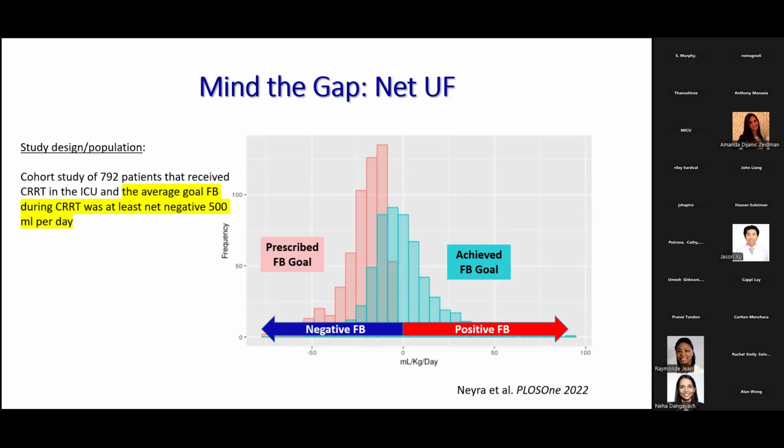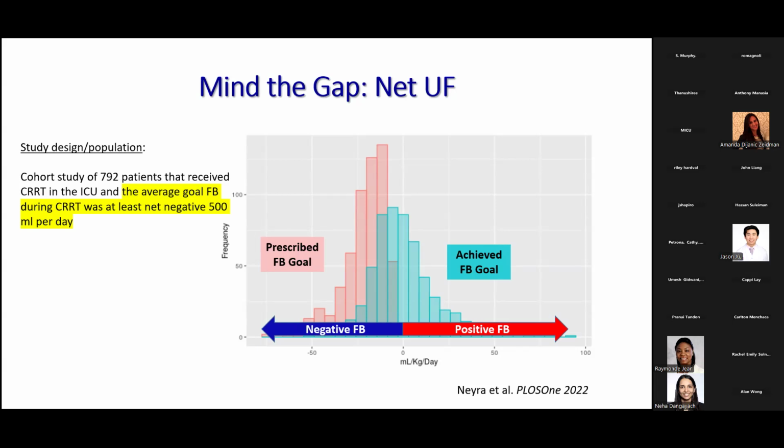So this is data on 800 patients in which the average fluid removal was half a liter per day during the period of CRRT. You can see that the prescribed fluid balance goal, so what we wanted, is represented here in red to the left, negative fluid balance. But a lot of patients still were in positive fluid balance or under the goal of negative fluid balance.